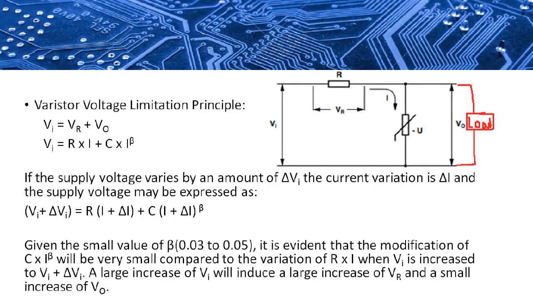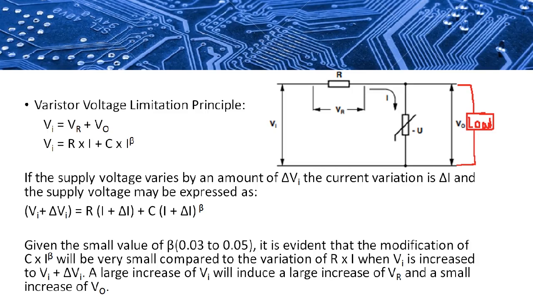How the varistor will protect the load or a component can be seen from this simple equation. If you apply Ohm's law at the input section, Vi is equal to VR plus V naught, and the voltage across the resistor is R into I, and voltage across the varistor is equal to C into I power beta.